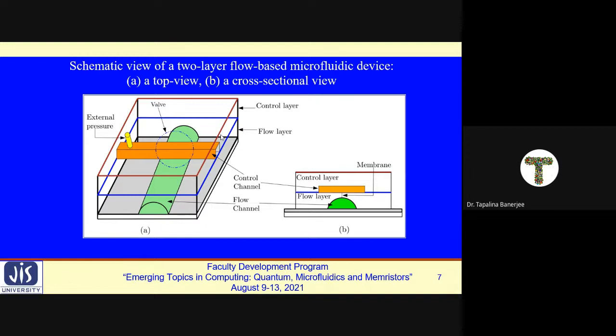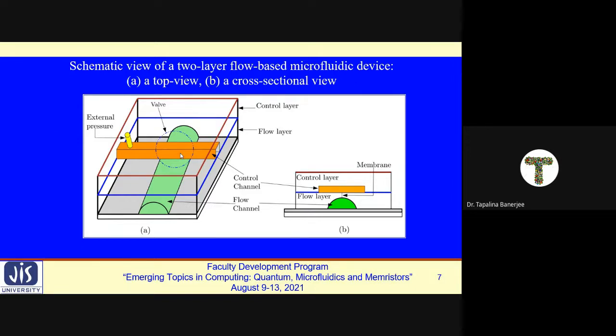Microchannels in both layers are also connected by an external pressure source. The current technology of microfluidic large-scale integration, or in short MLSI, enables CFMBs to fabricate thousands of microvalves on a single chip.